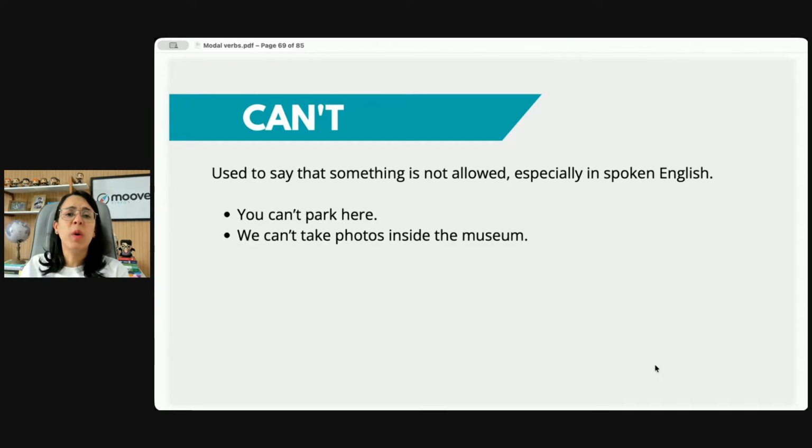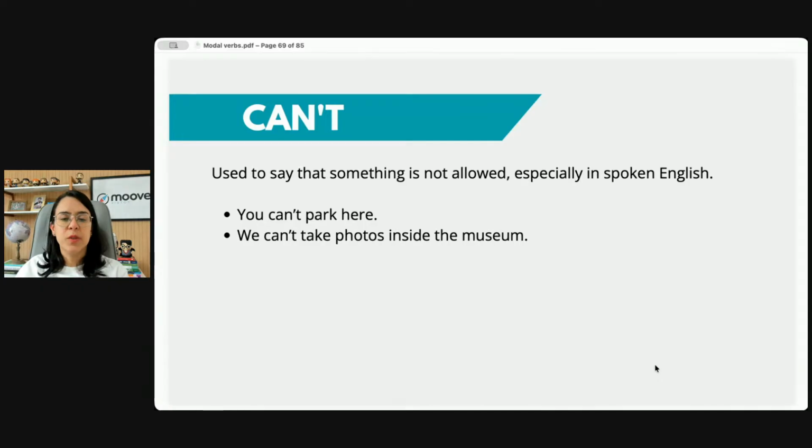A very common way of saying that something is not allowed, that something is prohibited, is using can't. So can't is what people usually use. It's polite. It's not as strong as must. So you're safe using can't. "You can't park here."